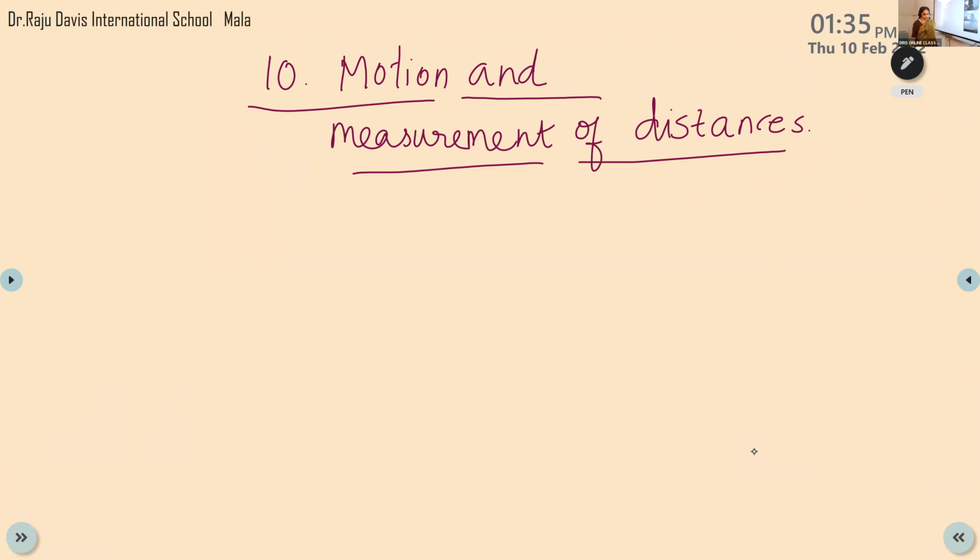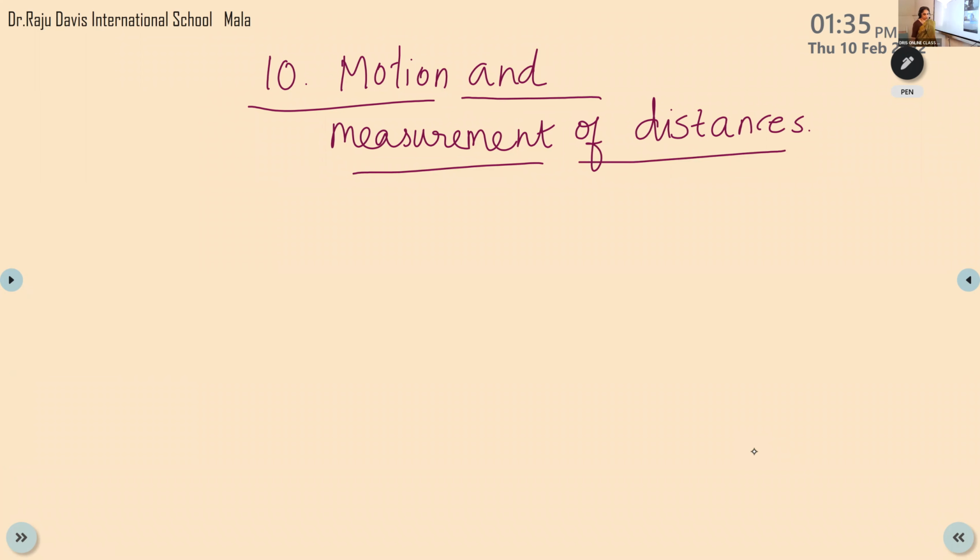Okay, so when can we say that an object is in motion? When an object is moving. Okay, Josine, tell me. When is an object said to be in motion? It is moving from one place to another. Is that all?